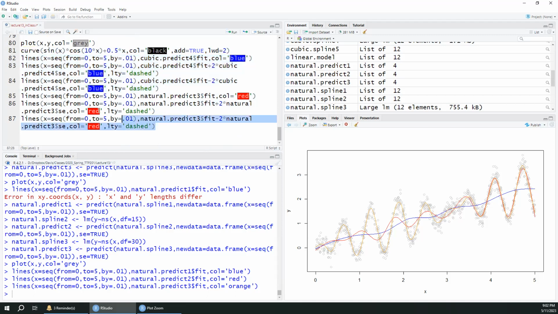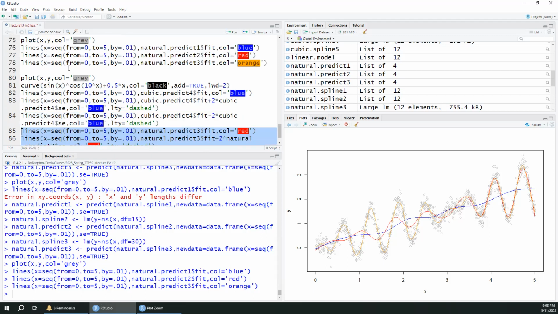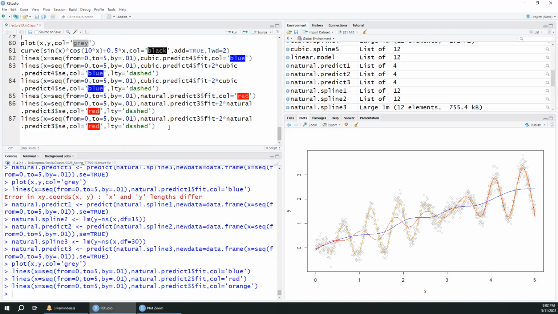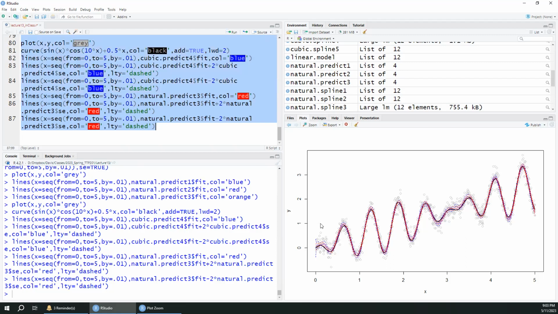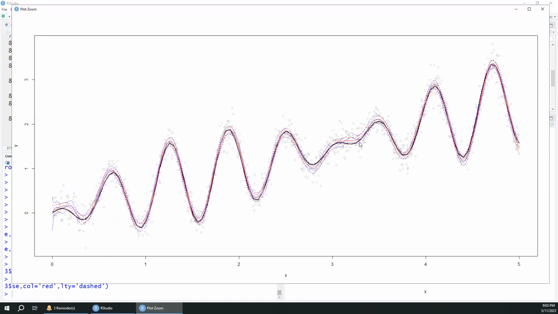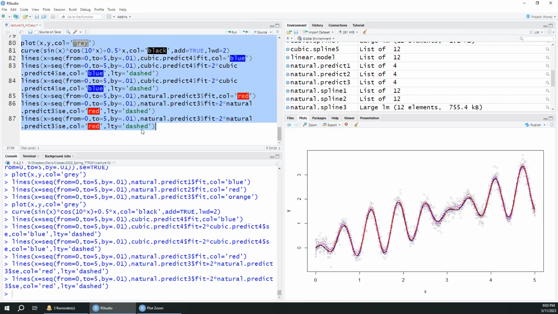And we are going to look at the best prediction from our natural splines, which is this orange one, which has 30 degrees of freedom. And when I compare the two, you can see that in comparison to, what is this black line here? Okay, the black line is our true value.